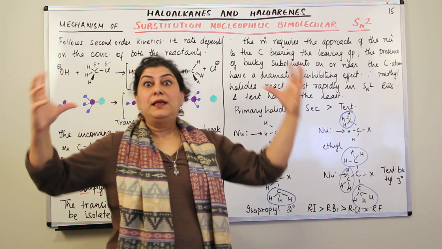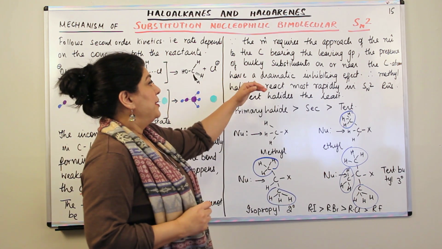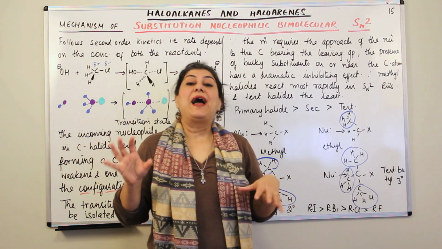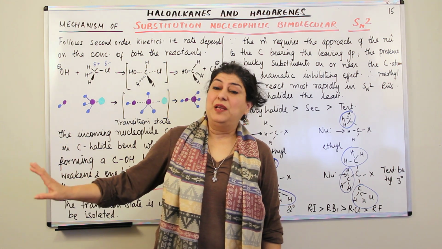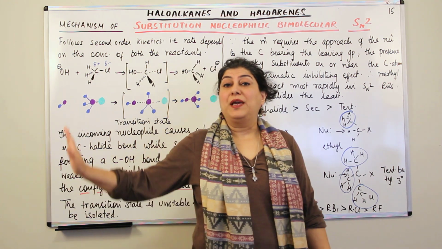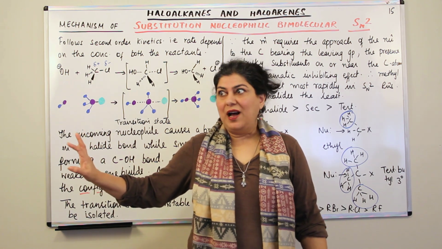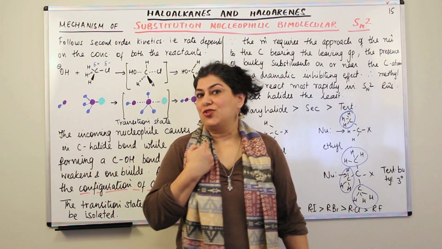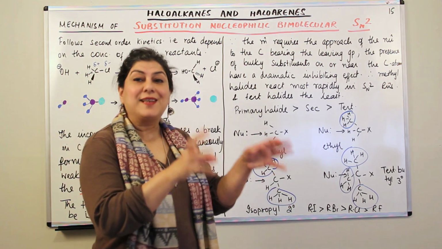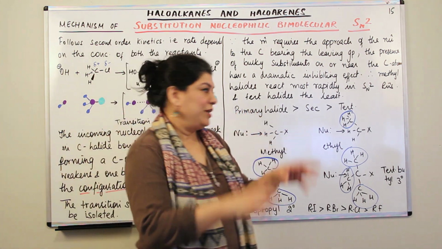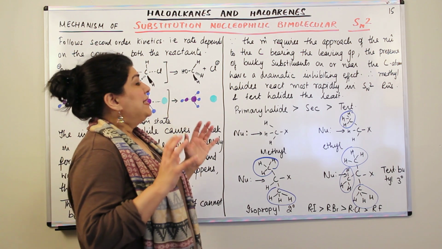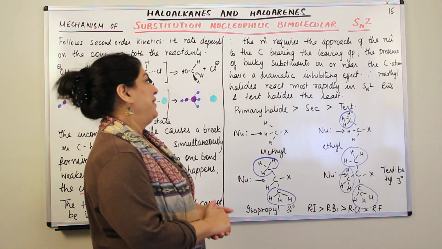So the bulky group has an inhibiting effect. Inhibiting means it is stopping, a hindrance. It does not allow the nucleophile to attack so easily. It is a discouraging effect, so it has a dramatic inhibiting effect.